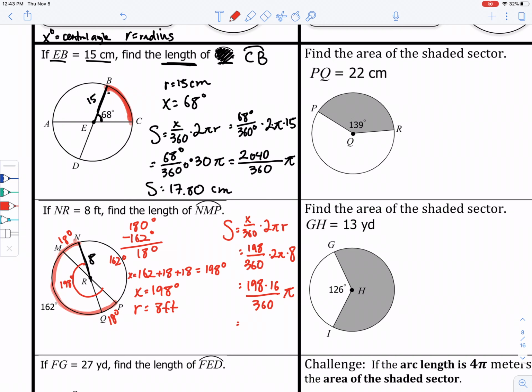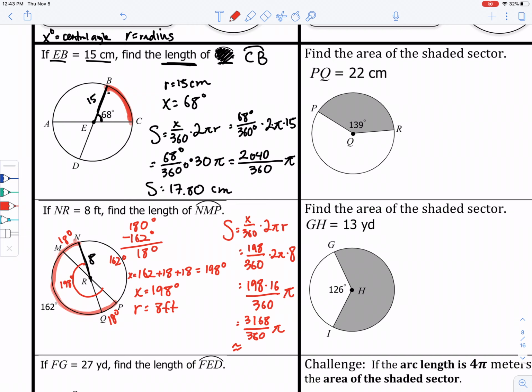So I'm going to take 198 times 16 to get 3,168 over 360 pi. And I'm going to plug that into the calculator. And let's see our final answer here.